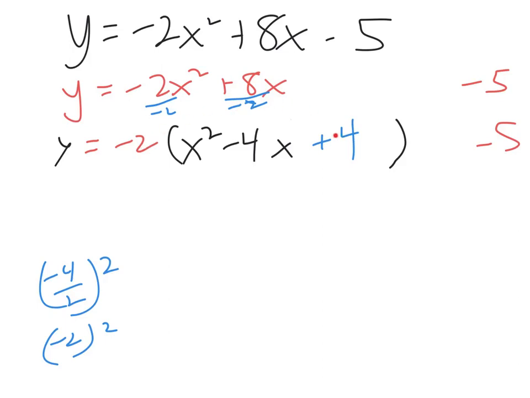So right now I did -8 on this side, and what I have to do is the opposite of that, again, for that sort of 0 piece. So what I need to do is add 8. When I added the 4 in here, I really added a 4 times -2, which is -8. So now I have to add a +8 to balance that out.